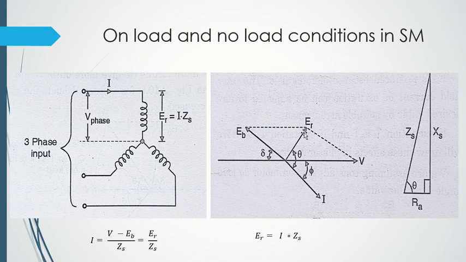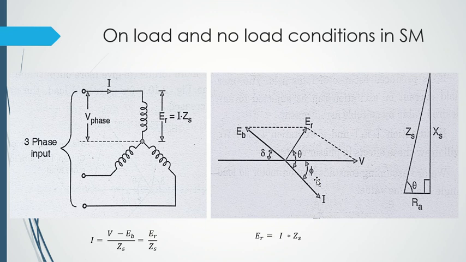Now we just discussed that my current will lag ER by 90 degrees. So the angle between ER and I is theta, which is 90 degrees. And the angle between my supply voltage and my current is called phi, and the cosine of that angle is nothing but my power factor.